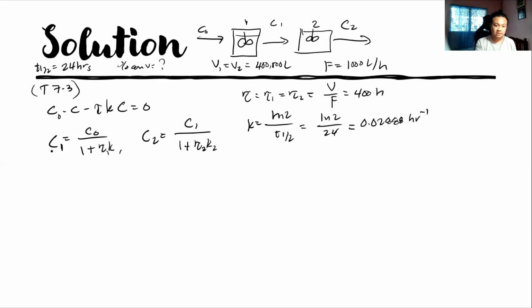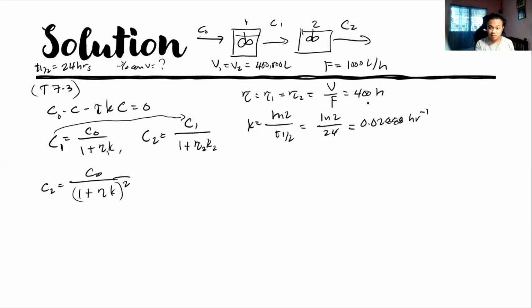Because we have established that K1 and K2 are equal to K, and tau 1 and tau 2 are equal to tau, we can merge these two formulas. Substituting, you will have C2 equals CO over 1 plus tau K, squared.